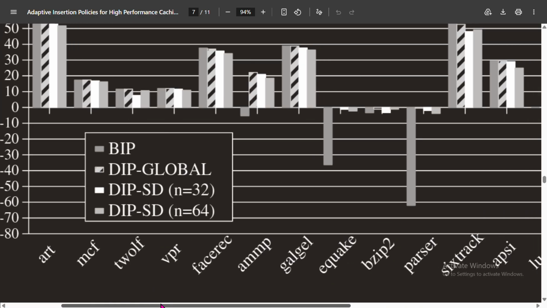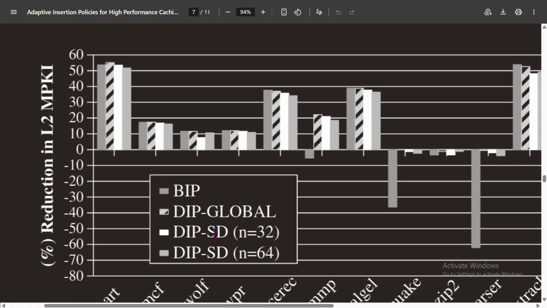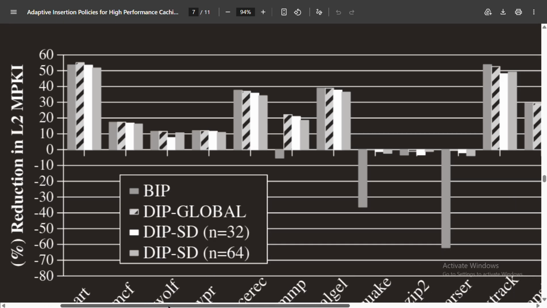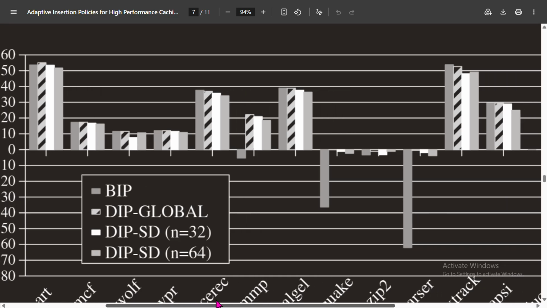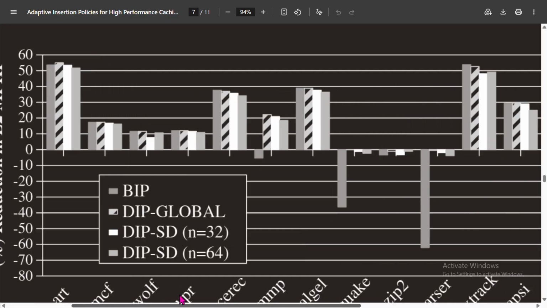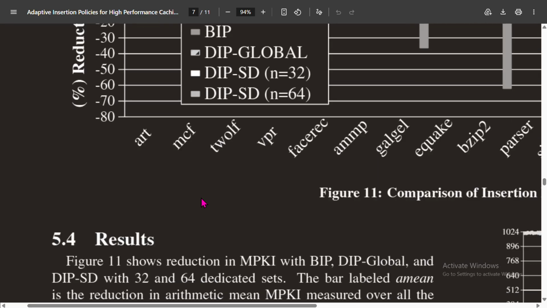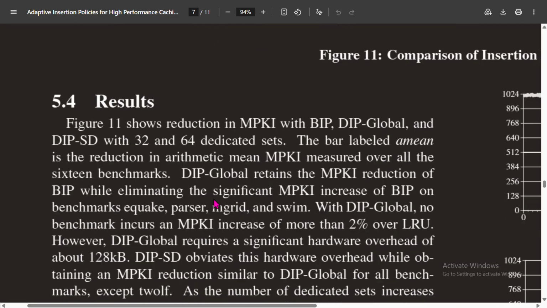This is the graph. It shows the reduction in L2 MPKI percentage using BIP, DIP Global, and DIP SD with 32 and 64 dedicated sets. Figure 11 shows reduction in MPKI with BIP, DIP Global, and DIP SD with 32 and 64 dedicated sets.